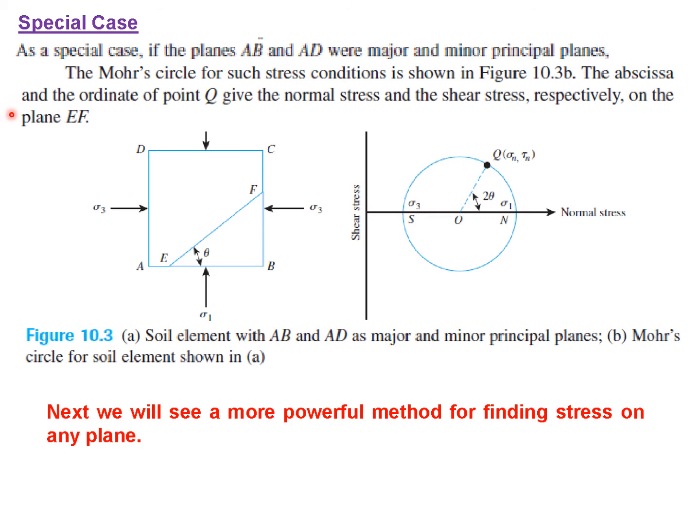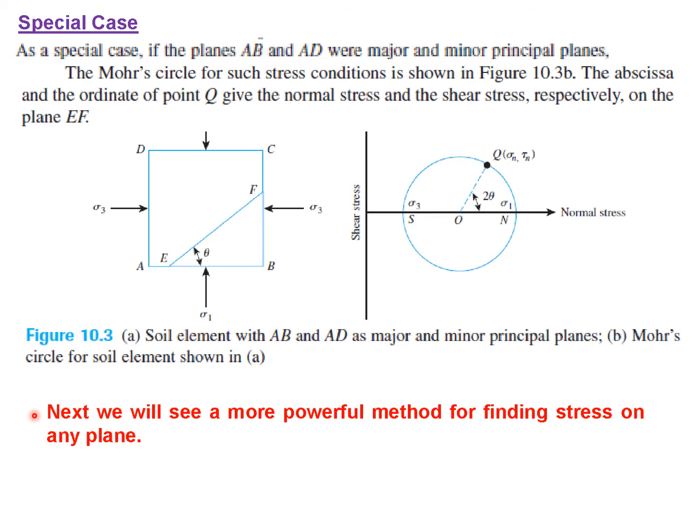So you can see here that just by considering this angle 2 theta, you have got this point, and this point will give you sigma n and tau n. So next we will see a more powerful method for finding stress on any plane.